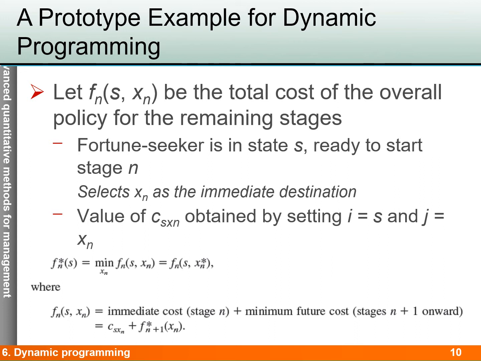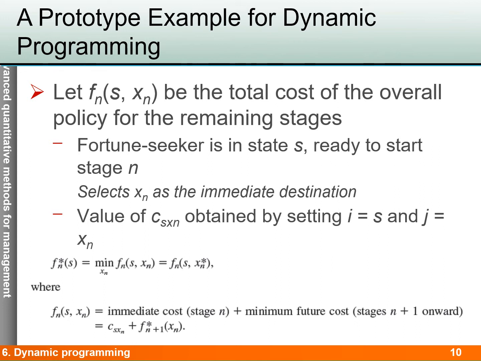So S in this formula is the state that the fortune seeker is in and ready to start stage n, and selects xn as the immediate destination. As you remember in the previous slide, I defined this xn as the decision variable in each of these items.